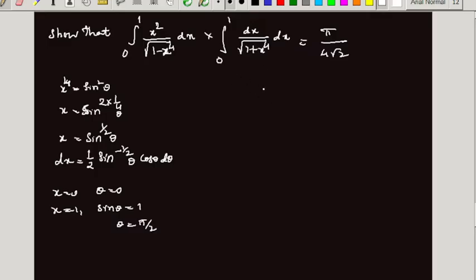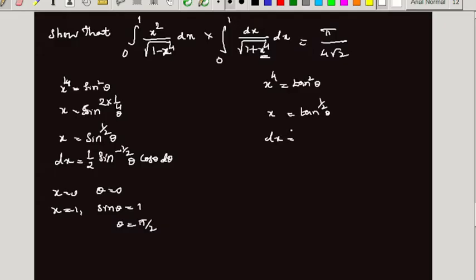Similarly, for the second part, here we consider 1 plus x power 4 equal to tan square theta or cot square theta. So similarly, we can write x as tan power 1 by 2 theta. Now we differentiate this one, dx.